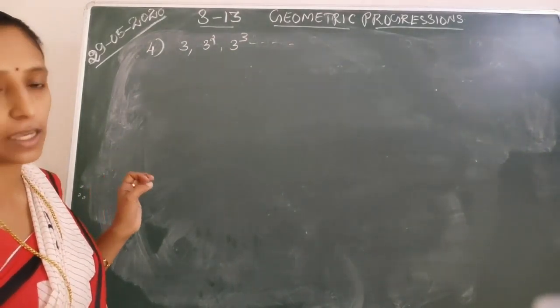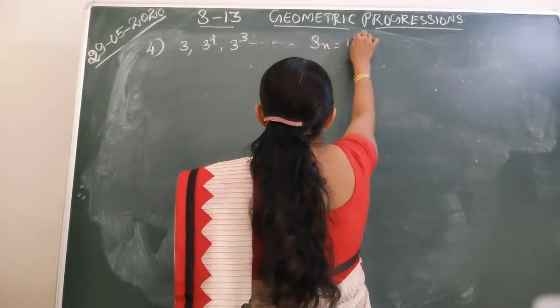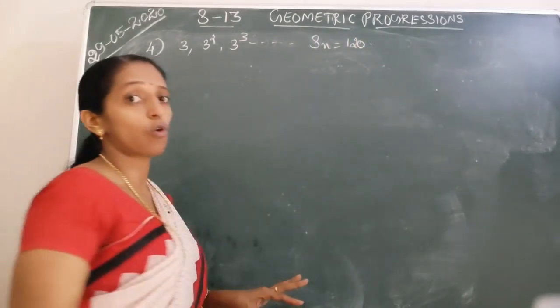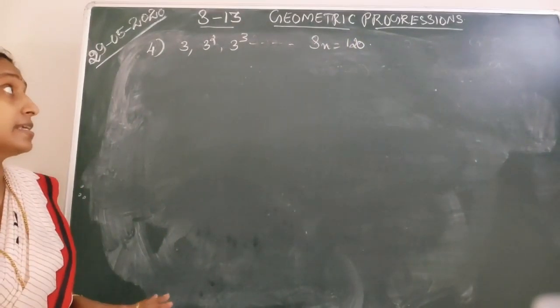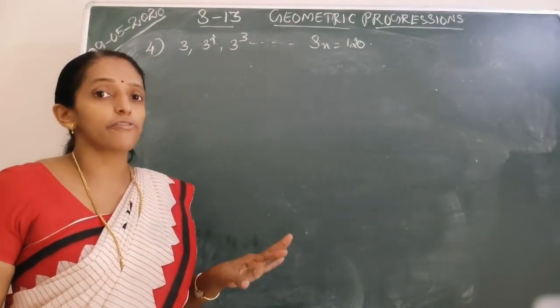The sum is given there as 120. Sn is given as 120. You have to find the value of n. Calculate the value of n.